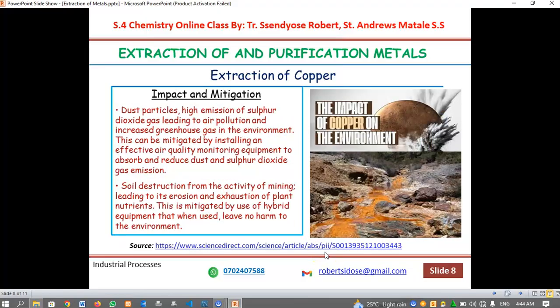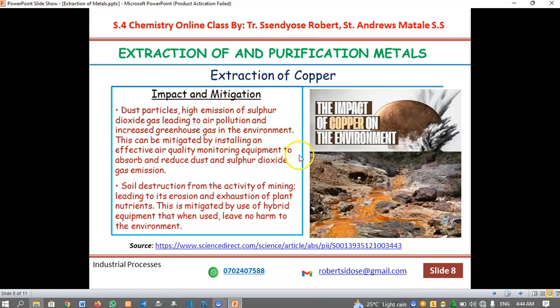Remember, after extracting, we meet many challenges during the extraction. Those are impacts. But remember, when you meet any impact during the process, you must find the way to mitigate or to solve that impact.